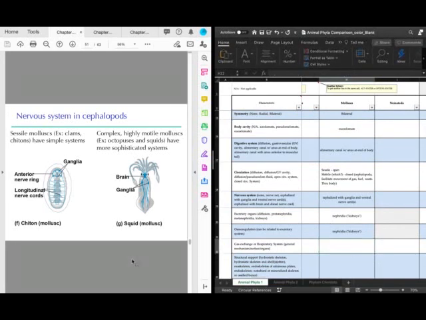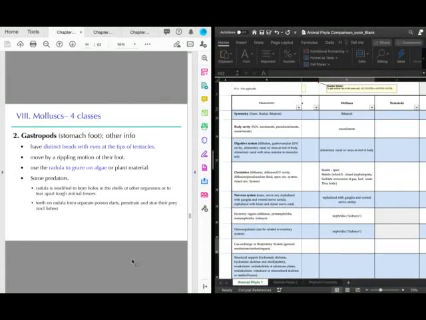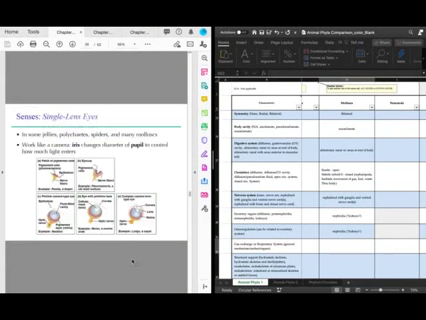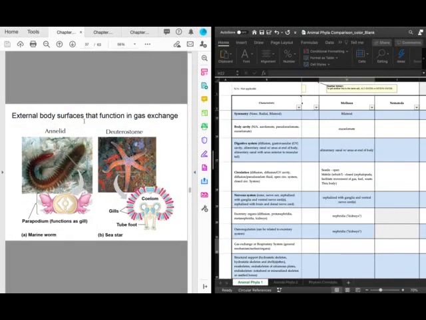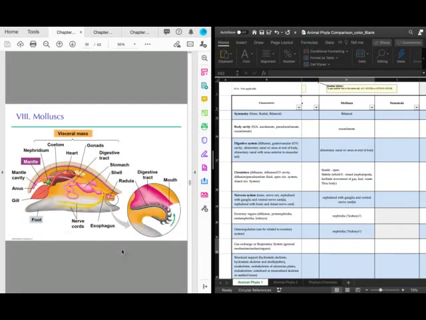Gas exchange. We're looking here. Here we go. External body surfaces, function is gas exchange. Respiratory surfaces. Let's see, there's nephridium. We've got a gill in here.